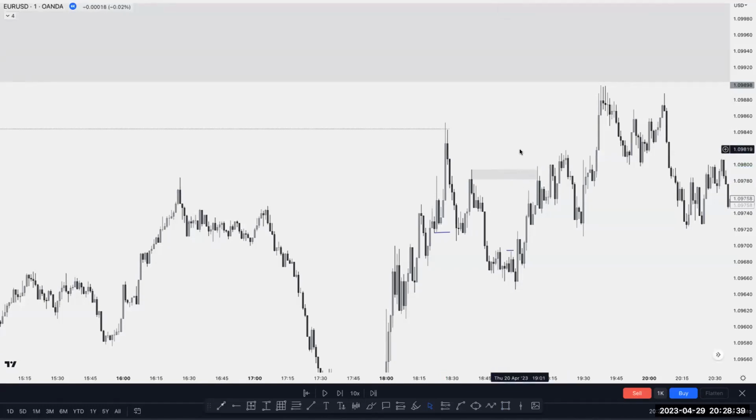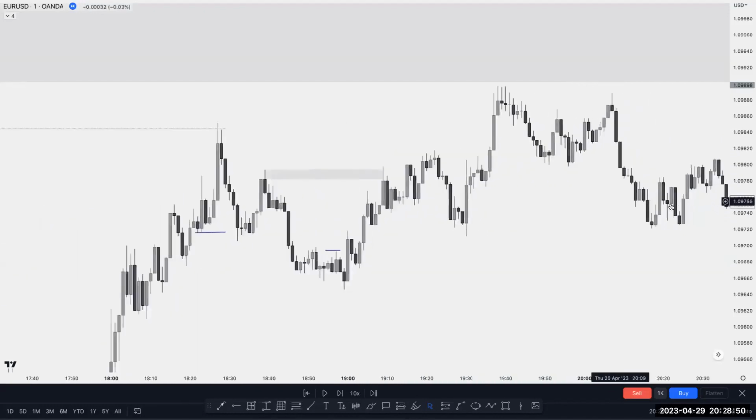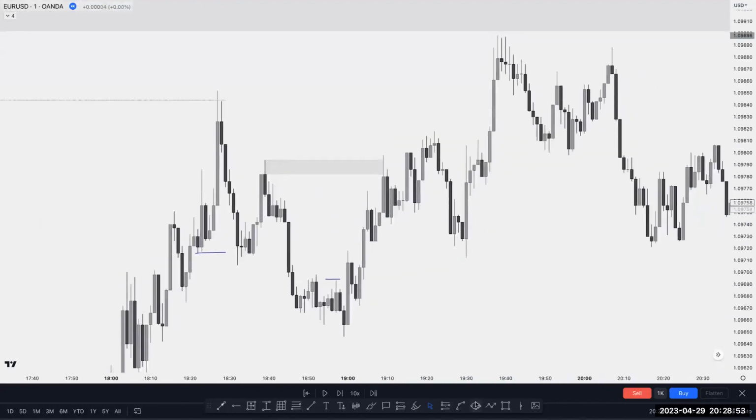If you are afraid to sell here, simply you can take additional confirmation based on a lower time frame single candle order block, right? Price types here, creates a bullish to bearish, and the next candle closes below it. So simply this becomes our valid entry for the sell, and this is a valid stop loss here, right?